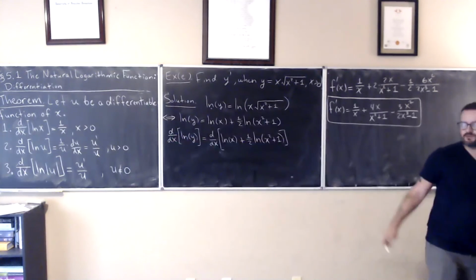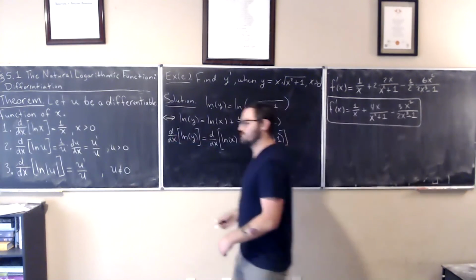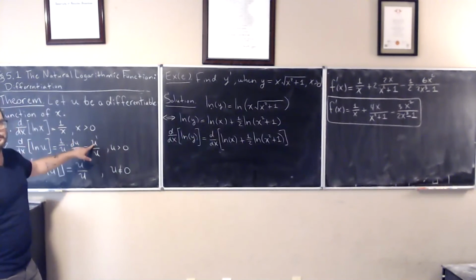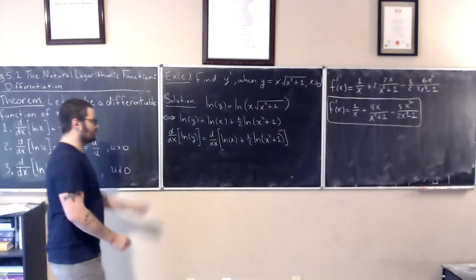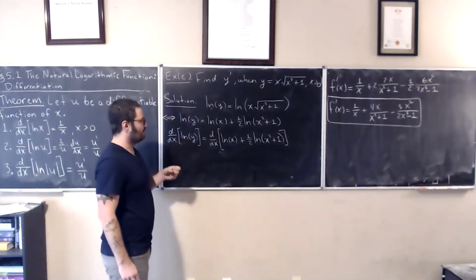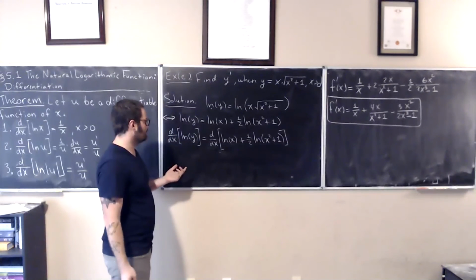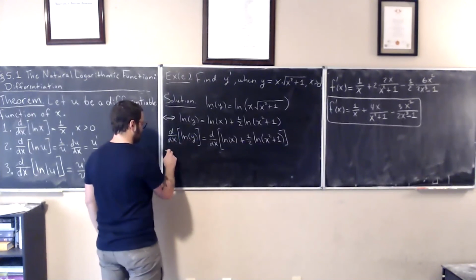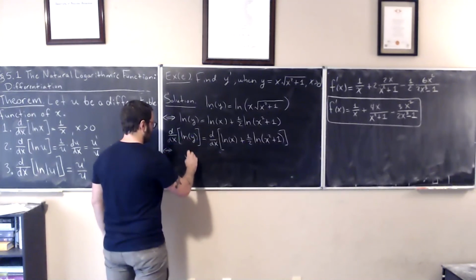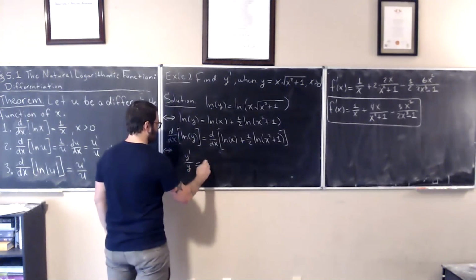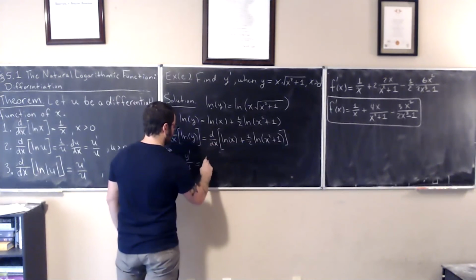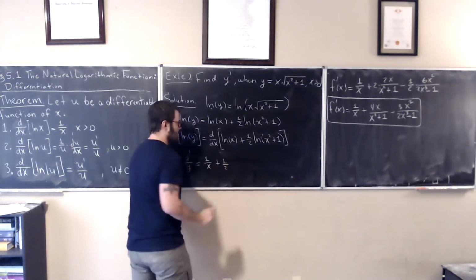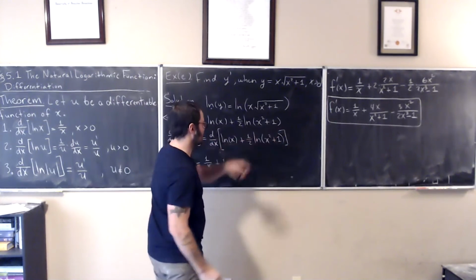Again, we're using implicit differentiation here, so we're treating y as a function of x. So basically, your y is like your u, in a sense, from this theorem. So here, derivative of natural log of y, well, y is a function of x, it's just going to be y prime over y. Derivative of that is just 1 over x plus 1/2 times, so the derivative here is 2x over x squared plus 1.